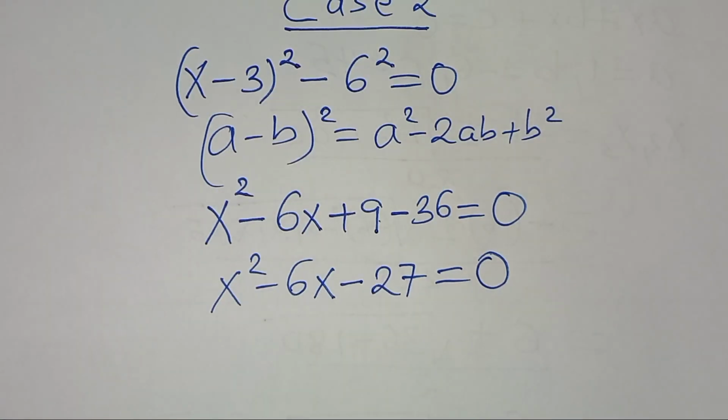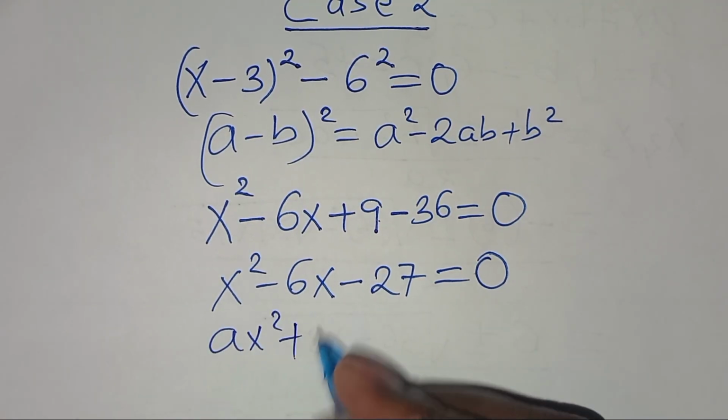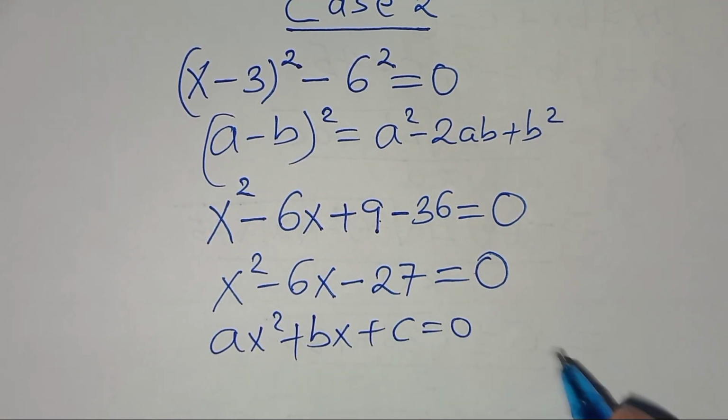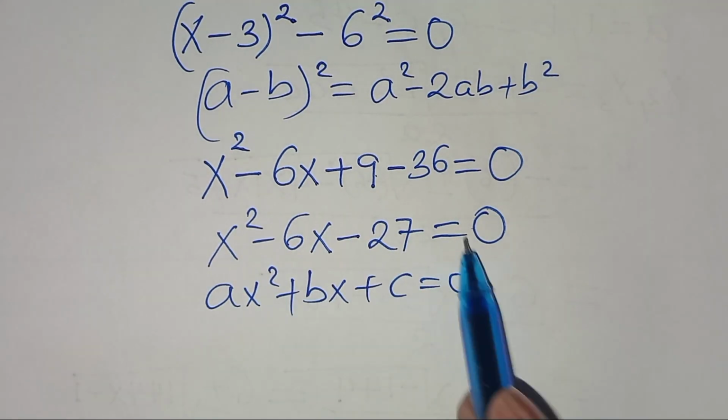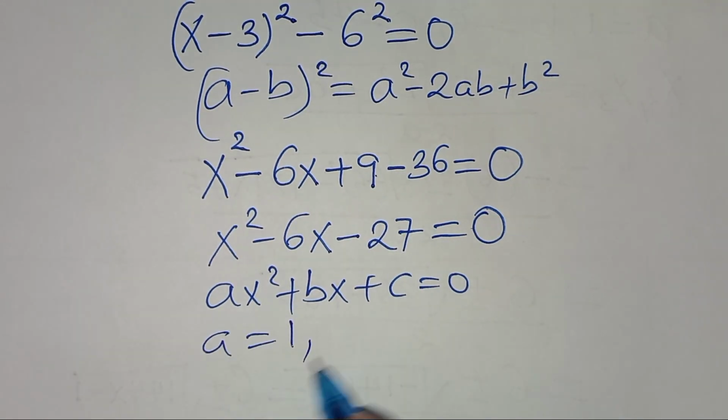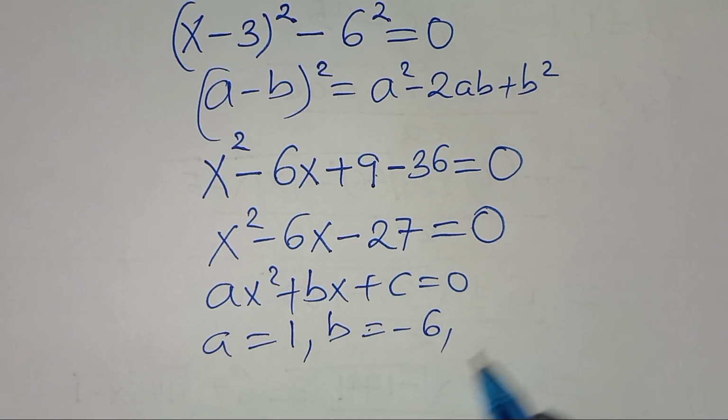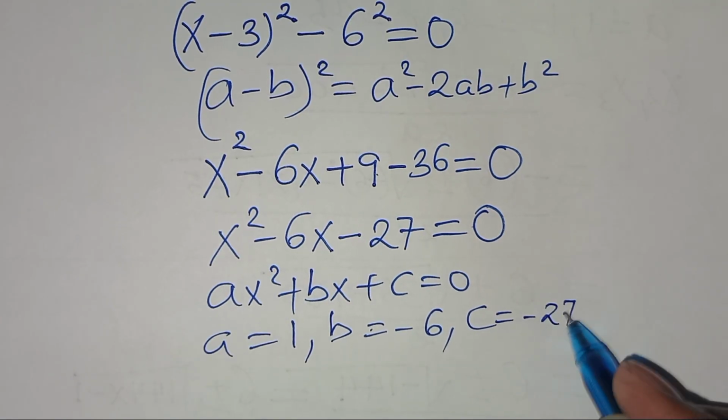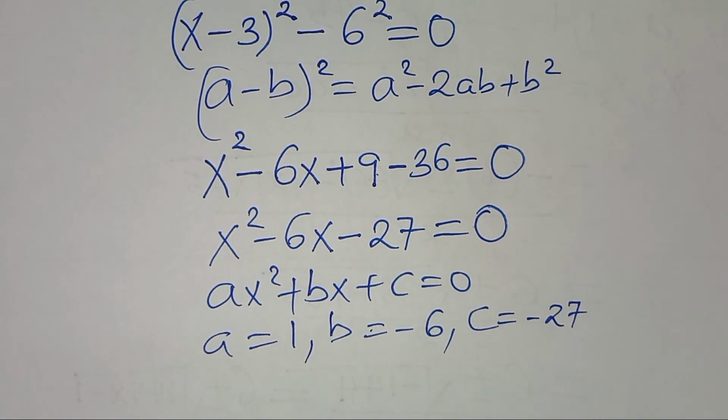So from here, this is a quadratic equation of the form ax squared plus bx plus c. And in this quadratic equation, a is equal to 1, b is equal to negative 6, and c is equal to negative 27. So let's proceed here.